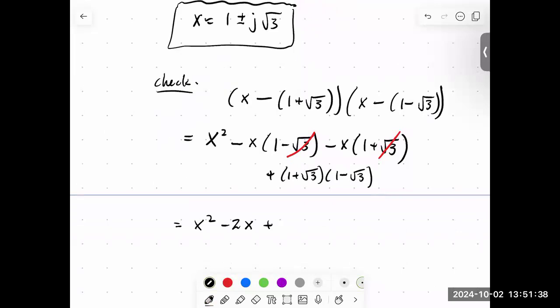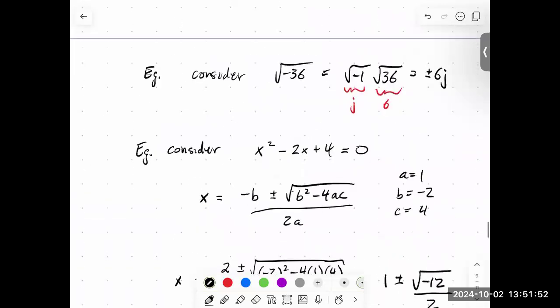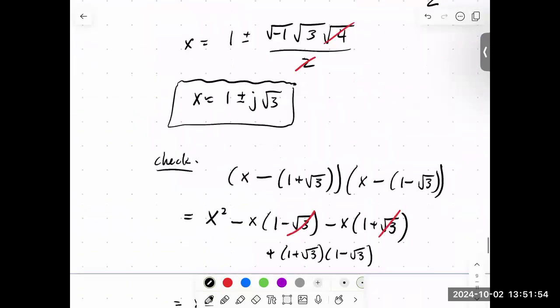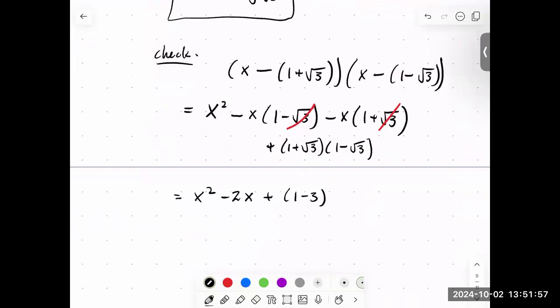And then we get minus √3 times 3 is minus 3. And so what do I get? I don't think that's going to work. This is 1 minus 3. I thought I had a 4. Didn't I start with a 4? Why isn't it plus 4? I must have made a mistake. Does anyone see my mistake?